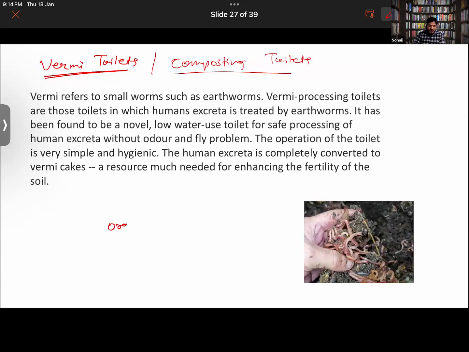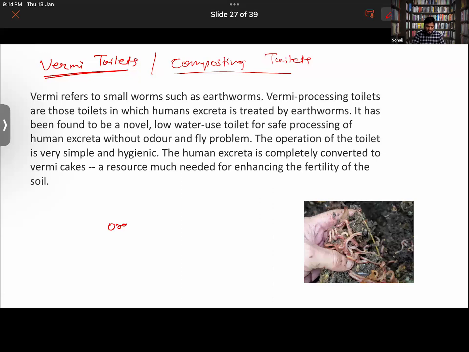So in the case of composting toilets, the red earthworms, or any other worms, will be decomposing the human waste into compost. Are you guys getting this or not? Yes, sir. So let's understand how it basically works.